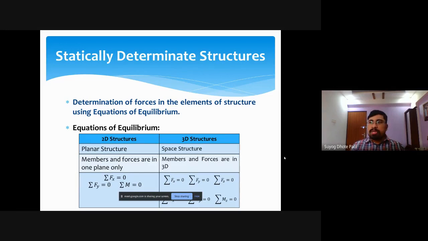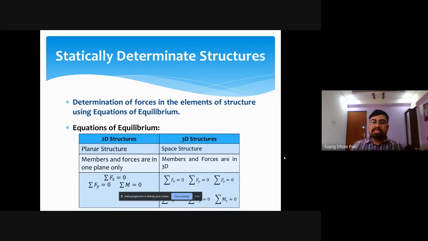If a planar structure is analyzed successfully with the help of these equilibrium equations only, then we can say it is a determinate structure. Similarly, a 3D structure is nothing but a space structure. All three dimensions are available to analyze, and forces are coming from all three dimensions.